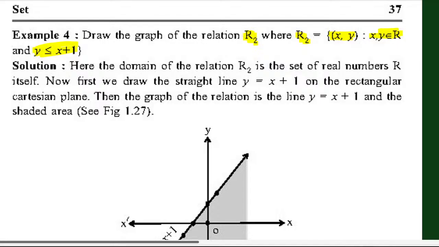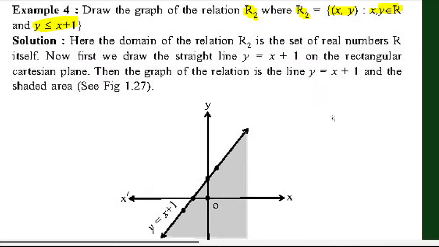So if we take x as 1, then 1 plus 1 is 2. So it can be either 2 or -1, or it can be 0, less than or equal to this one, right? So here the domain of the relation R2 is the set of real numbers.